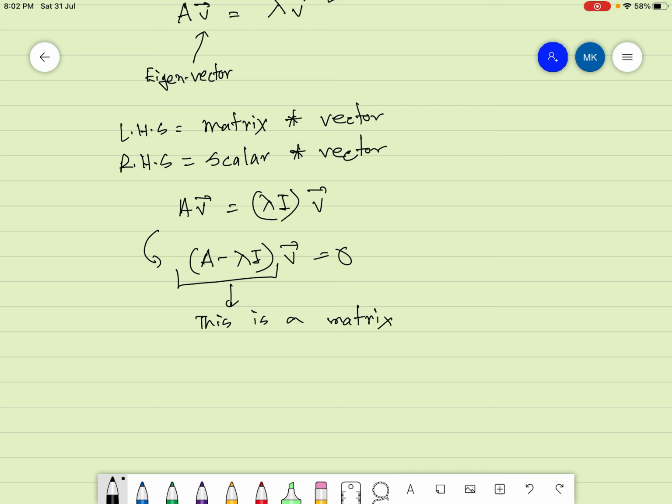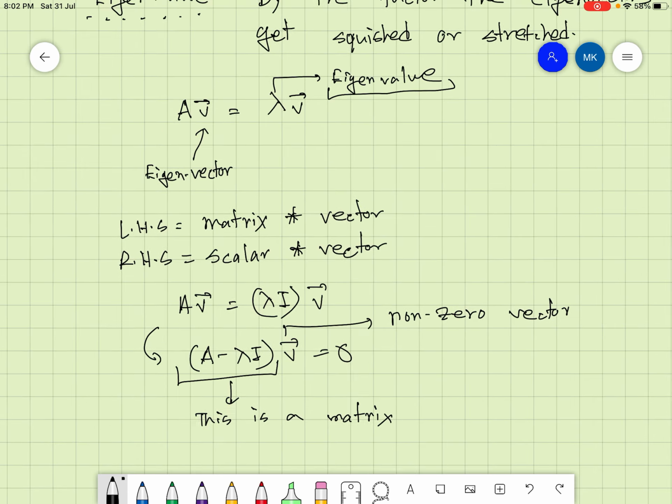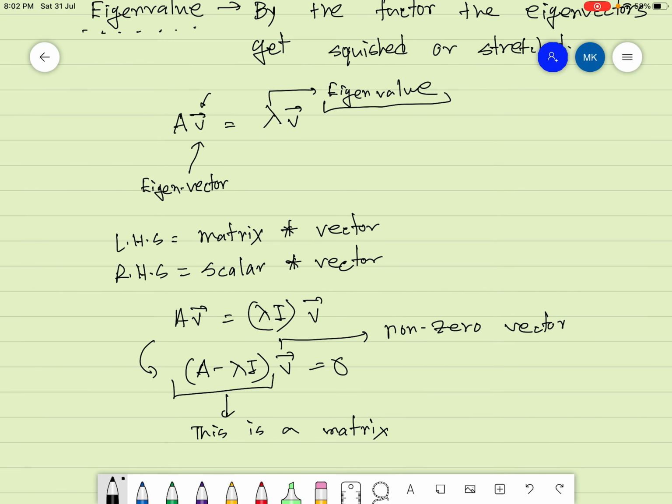and this eigenvector V was a non-zero vector as the first assumption. So we assume that there is some vector V that stays on the same span V, squished or stretched by a factor of this eigenvalue.